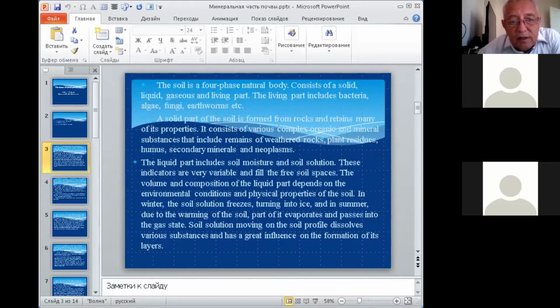secondary minerals and neoplasms. The liquid part includes soil moisture and soil solution. These indicators are very variable and fill the free soil spaces. The volume and composition of the liquid part depend on the environmental conditions and the physical properties of the soil.